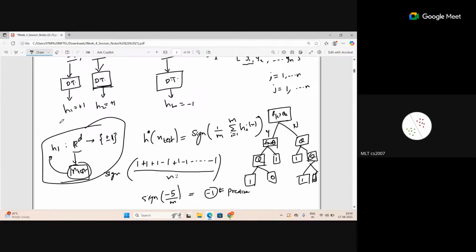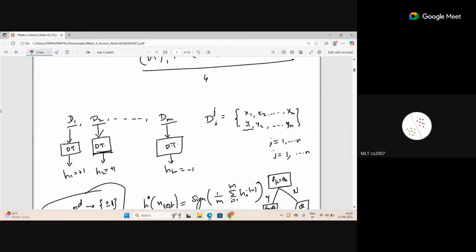Okay, so the setup is like this. You have X test, and I need to predict whether its label is plus one or minus one. So we need to use the decision trees. What you do is you take different data sets, D1, D2 to DM, and they are coming from the same distribution.